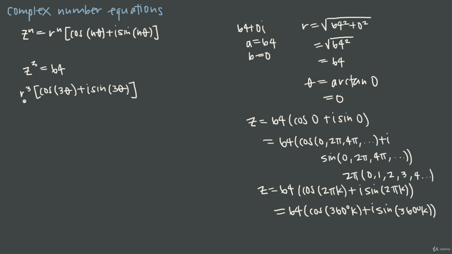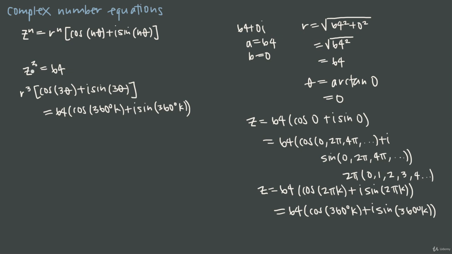So if we do that, we said that this value was z cubed, and so we already replaced the left-hand side of this equation, and so if we replace the right-hand side, we say that this whole thing here is equal to 64 times cosine of 360 degrees times k plus i sine of 360 degrees times k.